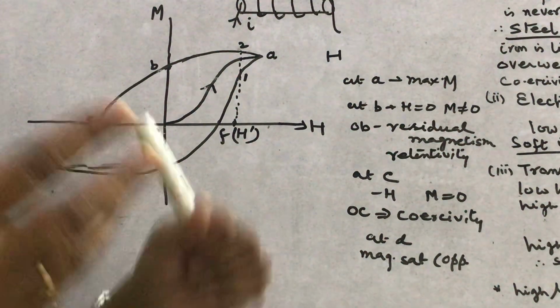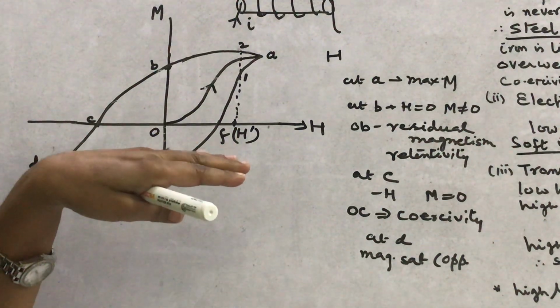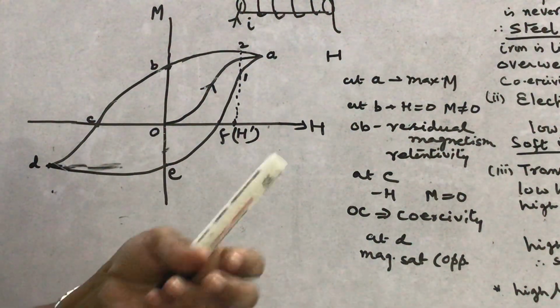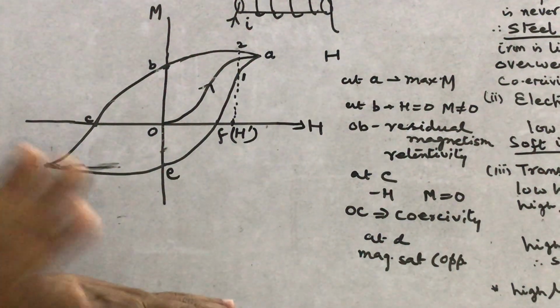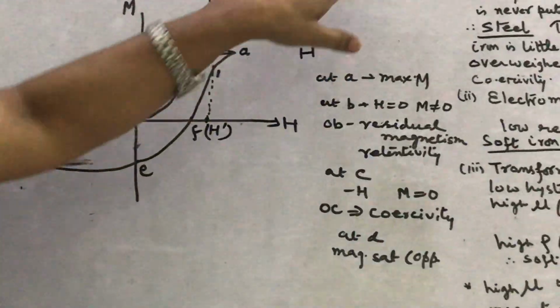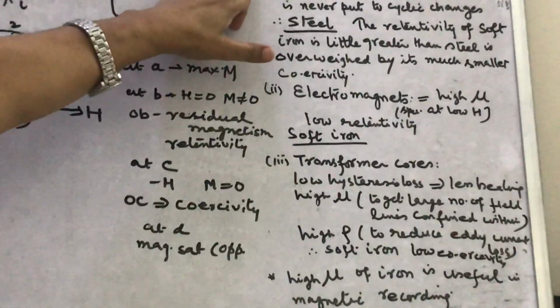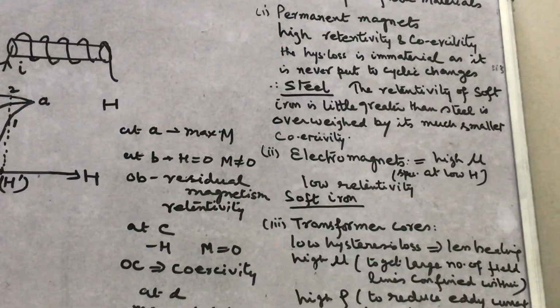Now, how is the study of this hysteresis loop beneficial to select the materials for use as a permanent magnet or a soft, that is temporary, magnet? How is the selection of magnetic material done? Look here, what is the essential requirement for a permanent magnet?